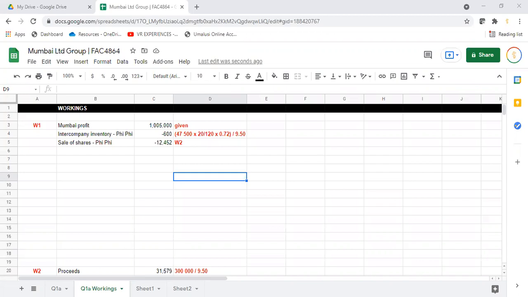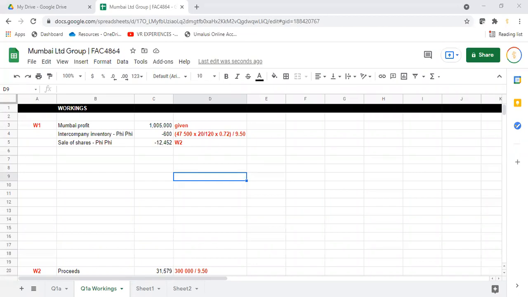So the next is Kolkata. Mumbai acquired a controlling interest of 80% on 1st August 2018. There was a purchase agreement with a contingent consideration.